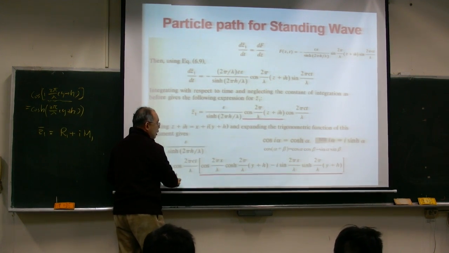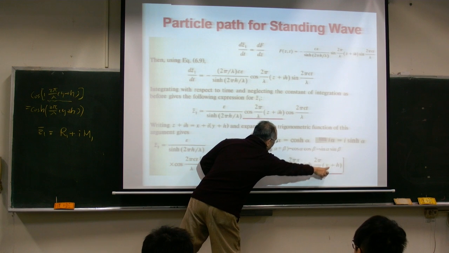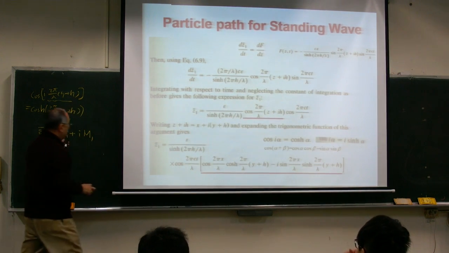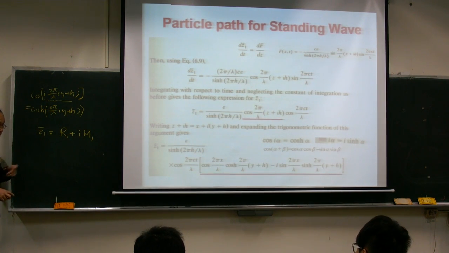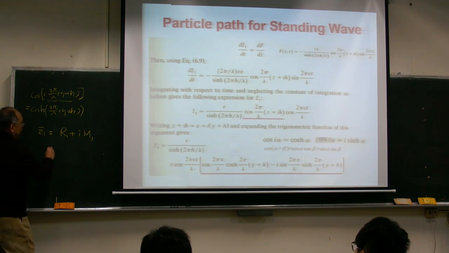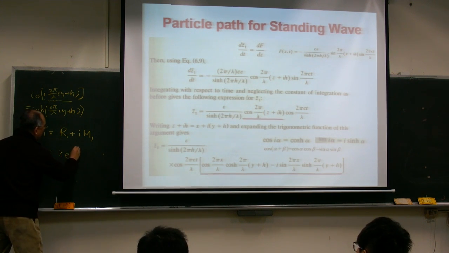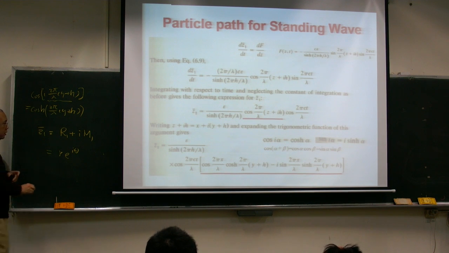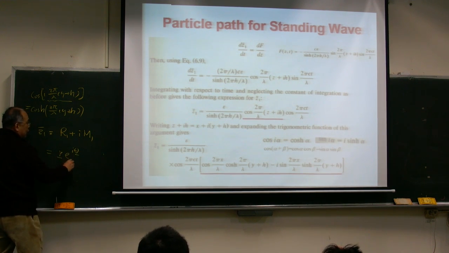This number multiplied by this number, and multiplied by this number is our M. So we have real part and imaginary part. This is our z1 bar, and it can be written as R e to the i theta. This is polar coordinates.